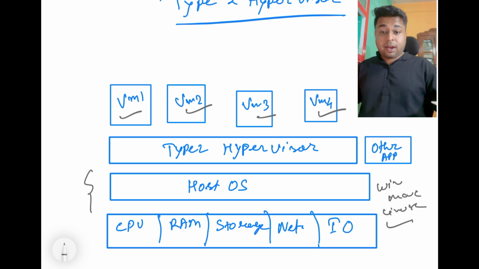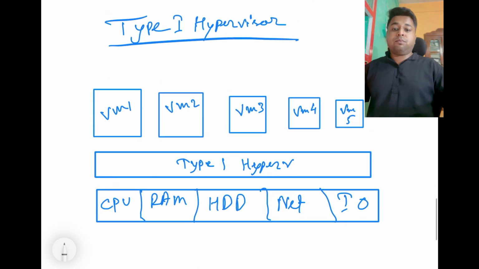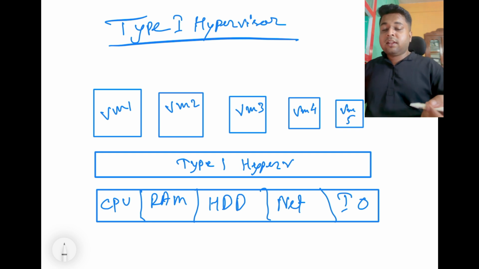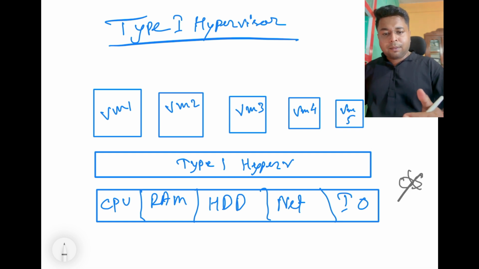So what do enterprises use? That brings us to the type 1 hypervisor. If you look at this image, you can clearly see that we don't have any OS layer. There is no OS layer between the hardware and the hypervisor.